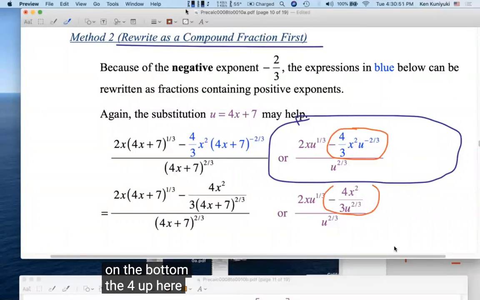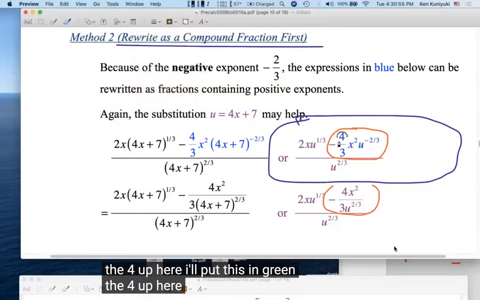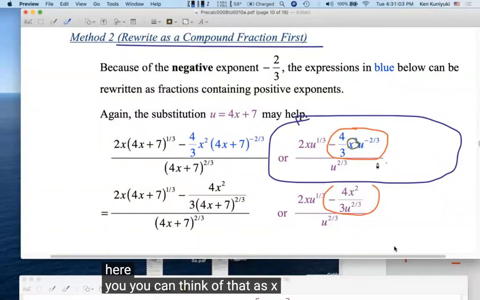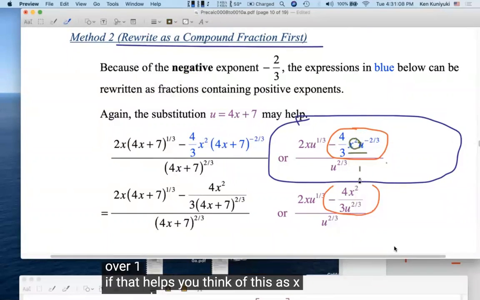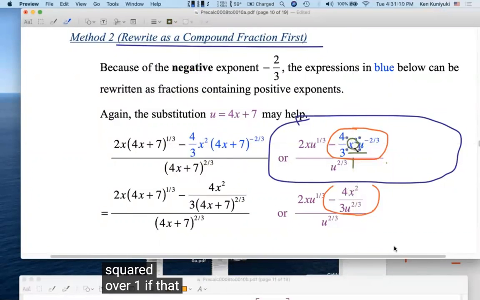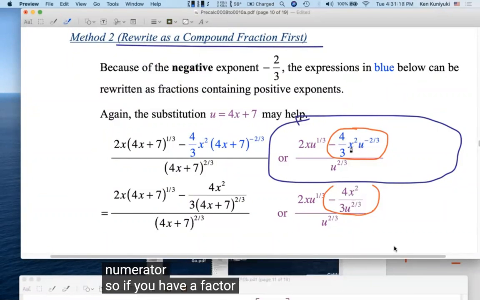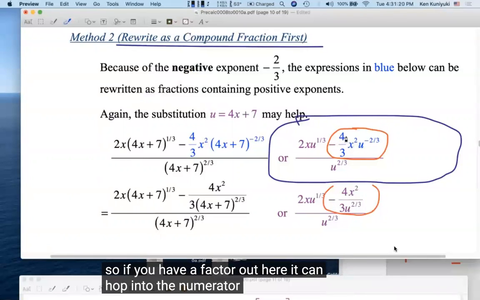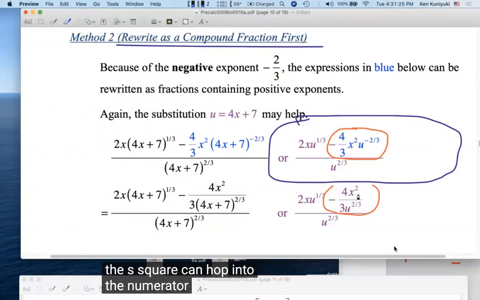The 4 up here is a factor on the top, stays on top. The x squared over here, you can think of that as x squared over 1, if that helps. The x squared basically can hop into the numerator. If you have a factor out here, it can hop into the numerator, typically not the denominator.